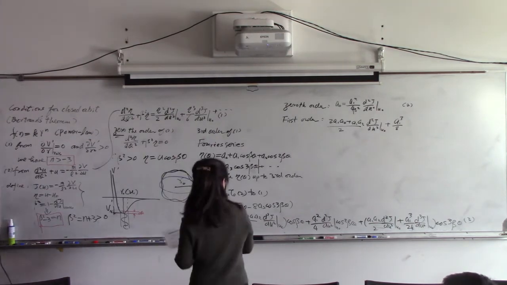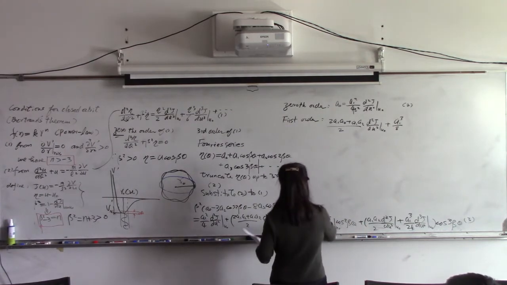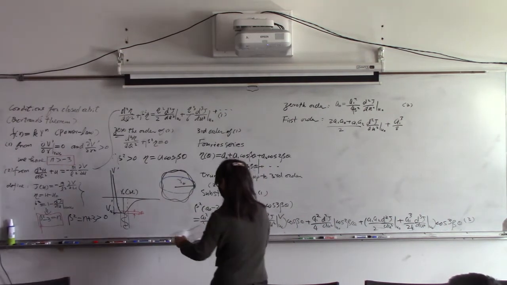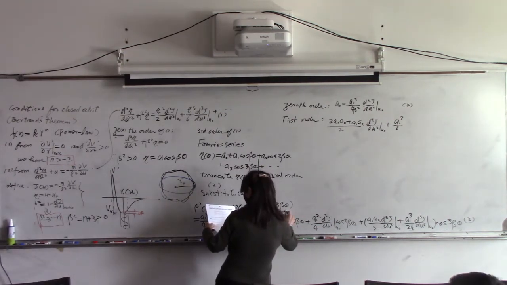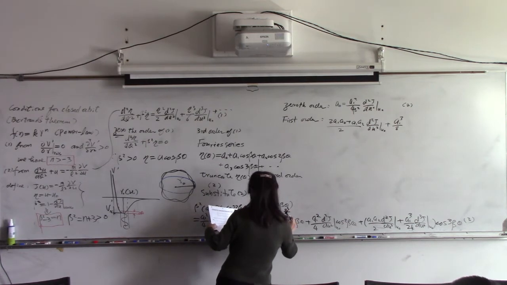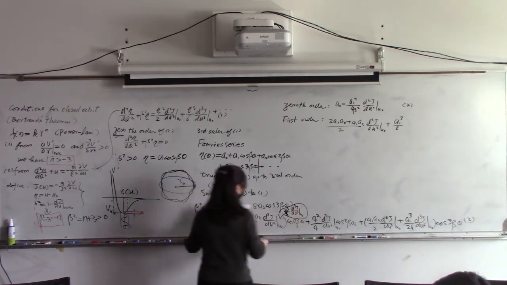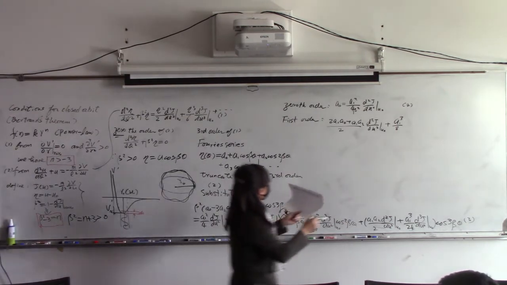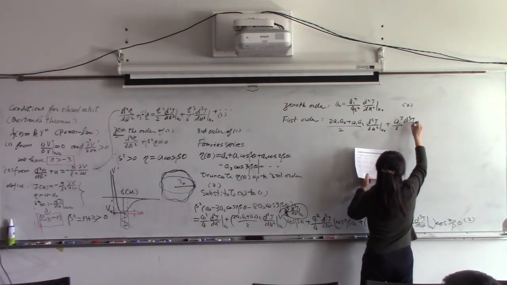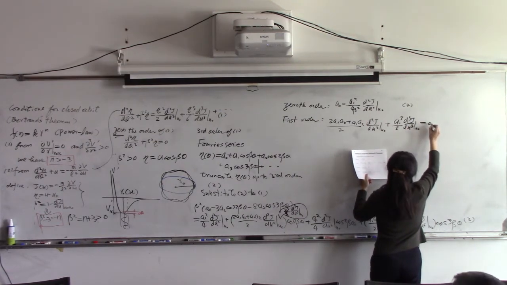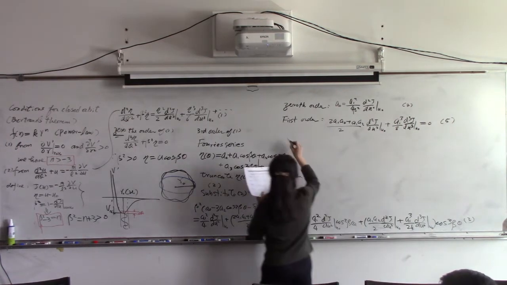Oh, yes, I missed one term. That is this one, plus here, another term that I missed. That is a1 cube over 8 d cube J du cube. Okay, this term I missed. So here and coming to here, we have d cube J du cube at u naught equal to 0. That is equation 5.